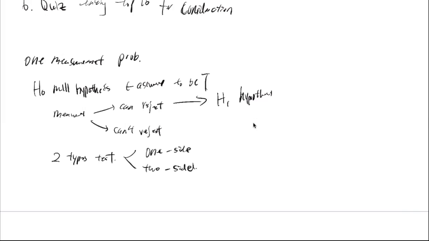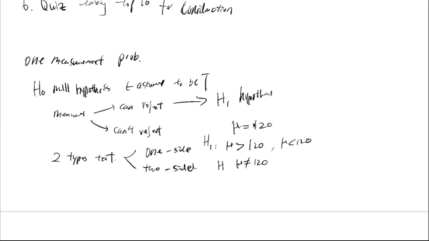One-sided means our null hypothesis is mu equal to a number, for example, mu equal to 120. The alternative for one-sided will be either mu is greater than 120 or mu is less than 120. And two-sided tests are when mu is not equal to 120.